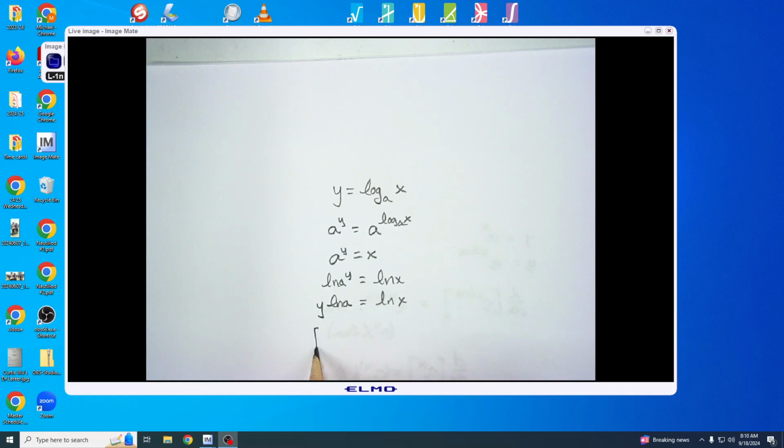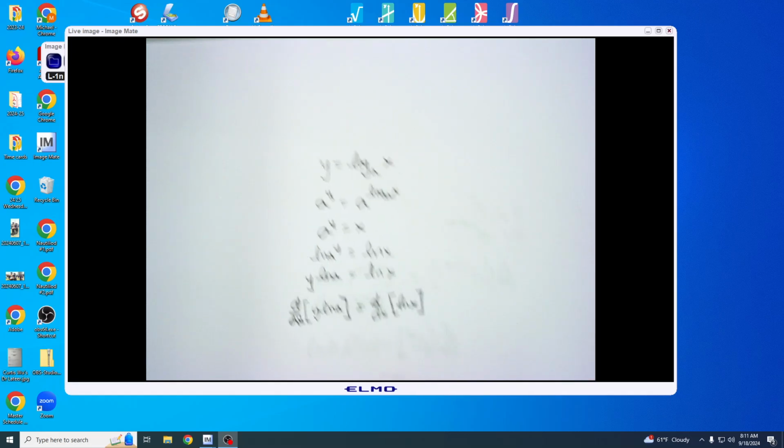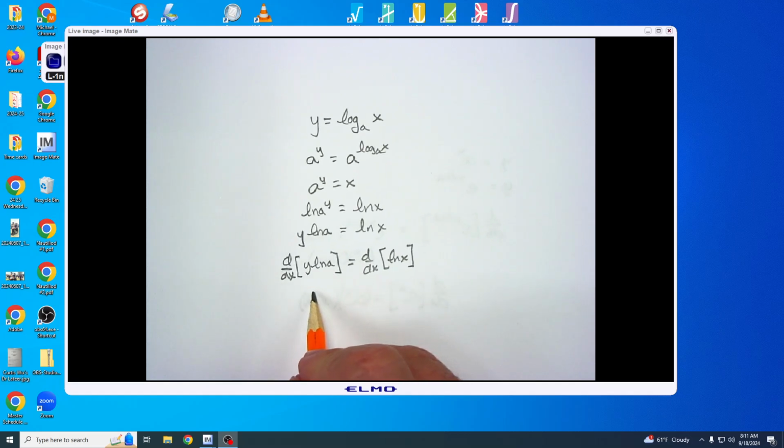When we take the derivative of y natural log of a, that's d dx, and d dx for the natural log of x, we end up getting dy dx times the constant natural log of a is equal to 1 over x.